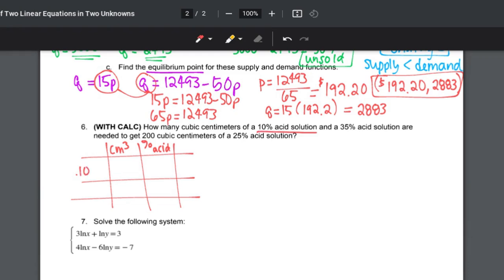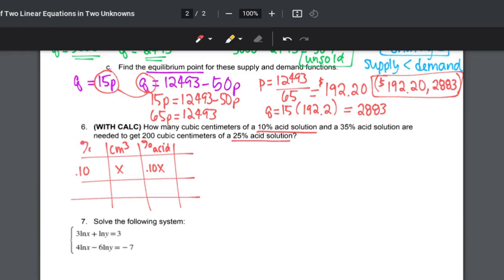And in that, we don't know how many cubic centimeters we're going to use, so that would be an unknown. But we do know that the percentage of acid in that particular quantity would be 0.10x, right? 10% of some unknown amount is 0.10x.